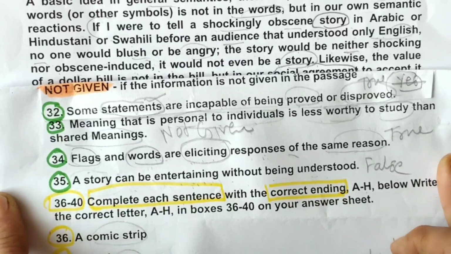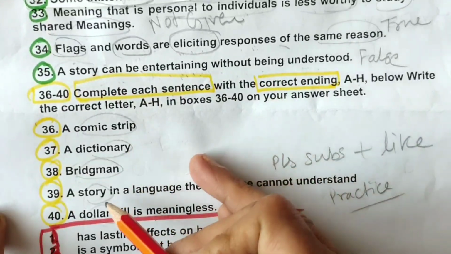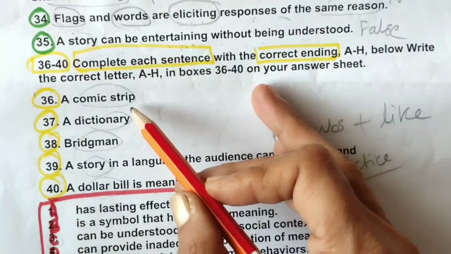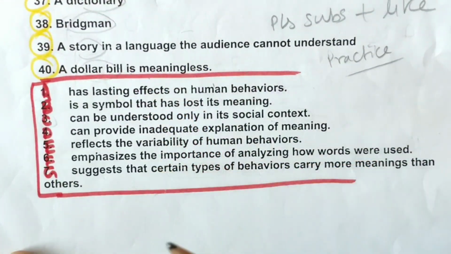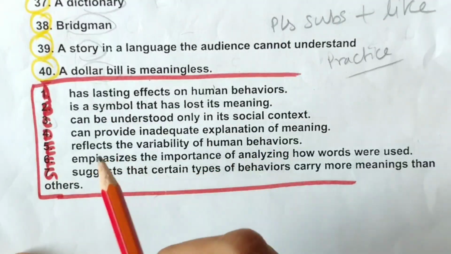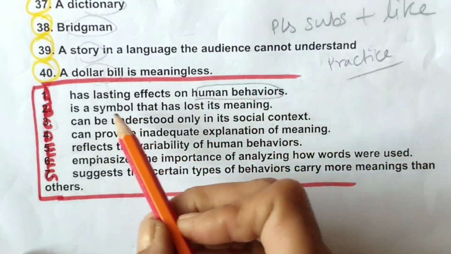Now the next question we will be doing. Complete each sentence with the correct ending. These words we already are aware of, where they are. But before going to the passage, we will go through all the options.